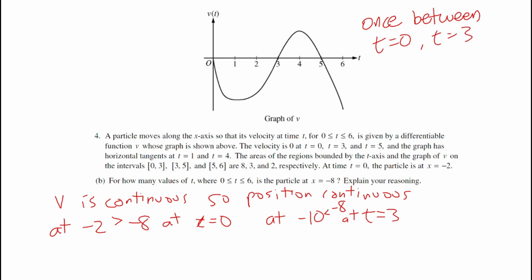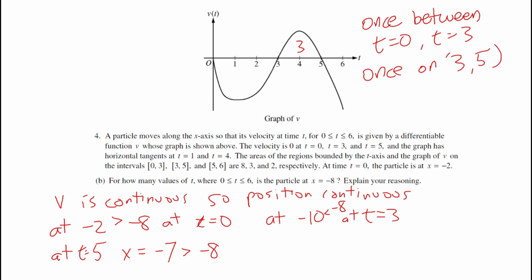And then at t equals 5, if we were at -10 and we added in an area of 3, x is equal to -7, which is now greater than -8. So once again, we had to pass through on 3 to 5.